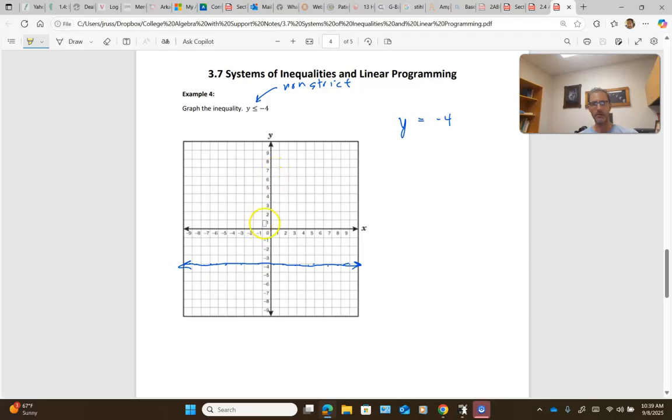They're going to be above or below this line? They're going to be below. That was a rhetorical question. But because that inequality symbol said less than or equal to, we're also including the points on this line, because the points on this line have y coordinates that are equal to -4.